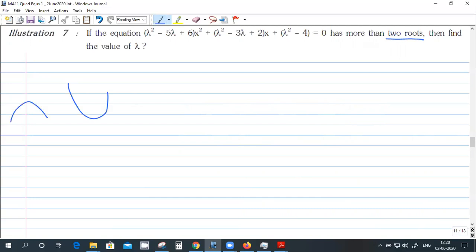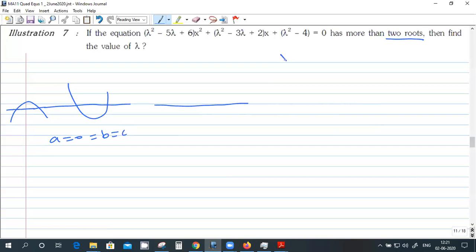So at the maximum it can have two roots. But he's saying it has got more than two roots. That is possible if the quadratic equation is like this, lying along the x-axis. That is possible if a equal to 0, equal to b, equal to c. Is that clear? Yeah. Okay. So you just have to put all these three coefficients equal to 0.